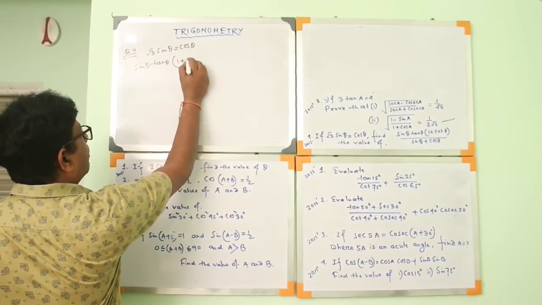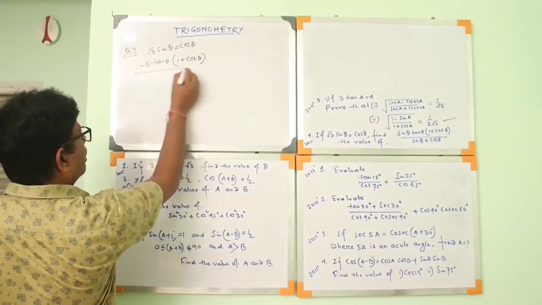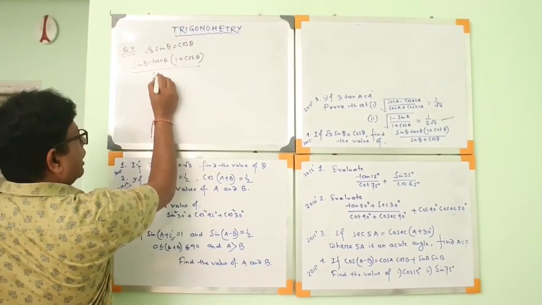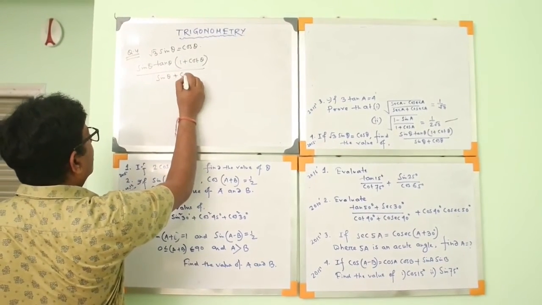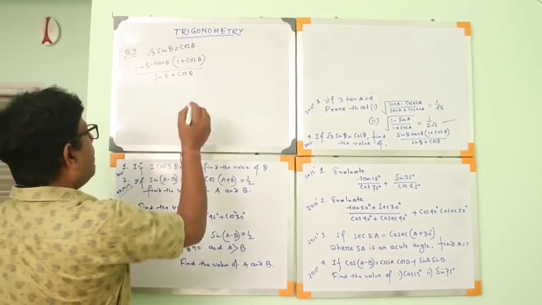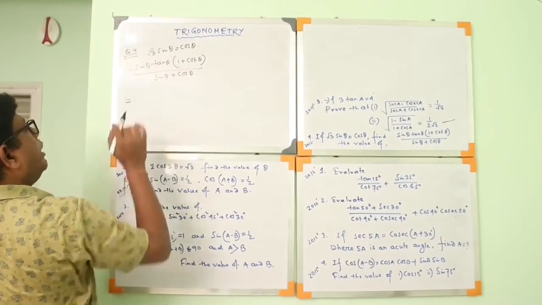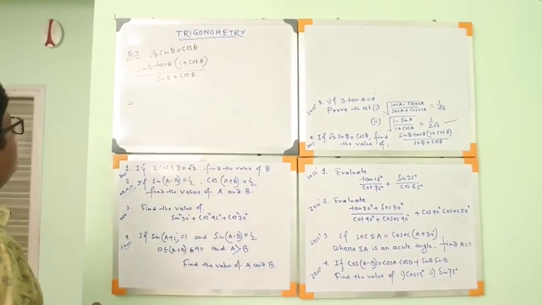(1 plus cot theta) by (sin theta plus cos theta), dividing numerator and denominator by sin theta.